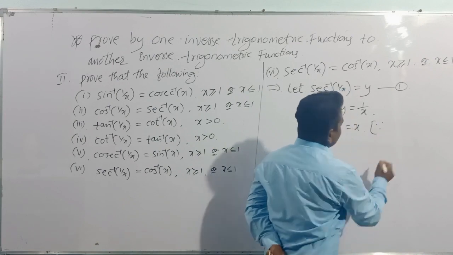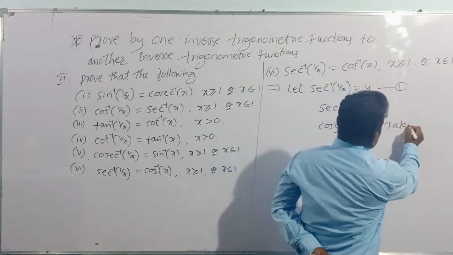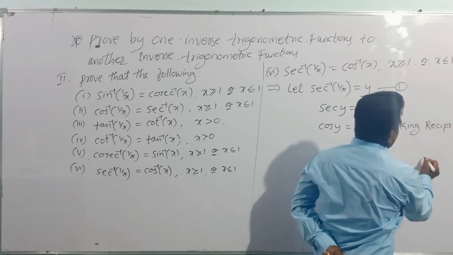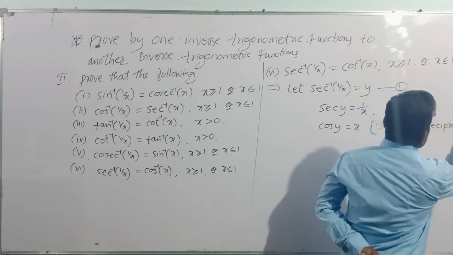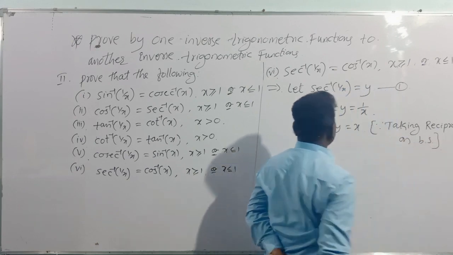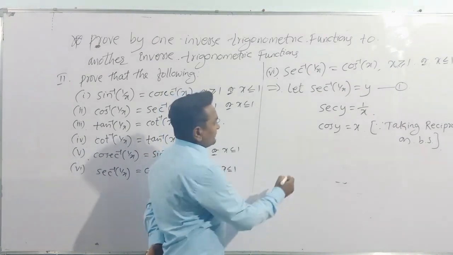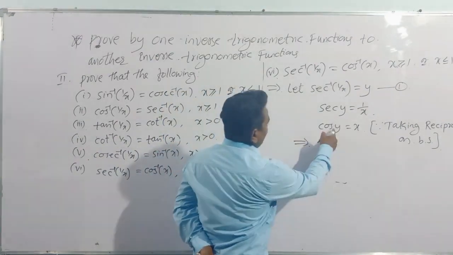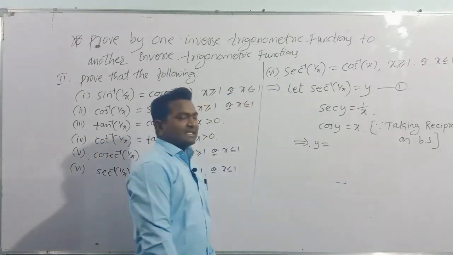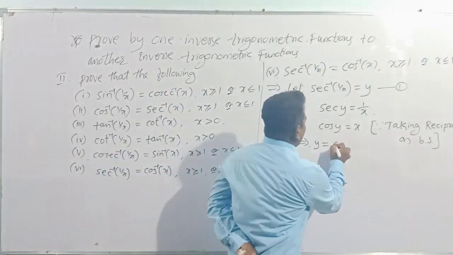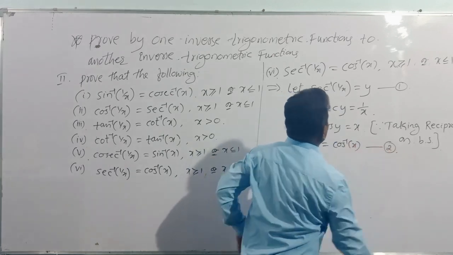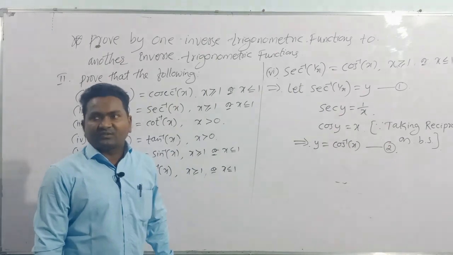Here we are taking reciprocals on both sides. Now this implies y equals to, this cos function move right hand side, it becomes inverse, means cos inverse x. Take it as equation number 2.